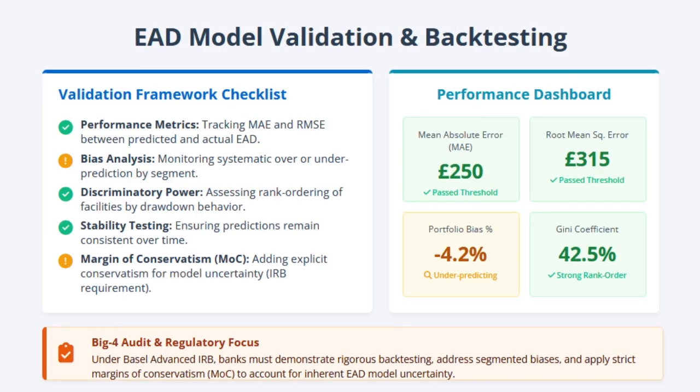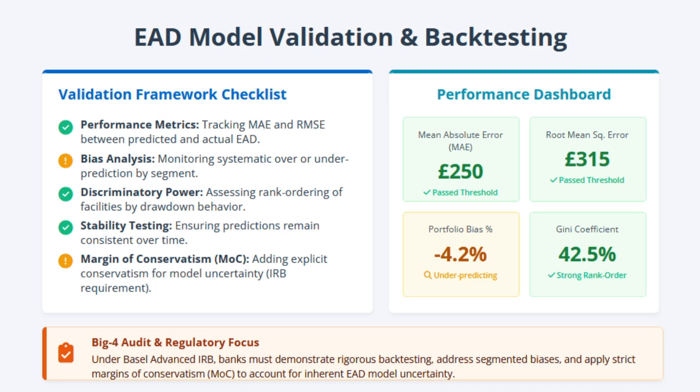Now from a model validation perspective, and this is crucial for Big Four audit and regulatory review, EAD models require rigorous backtesting. Like the performance metrics, here we track the mean absolute error, the MAE, and root mean squared error, popularly known as RMSE, between the predicted and the actual EAD for recent defaulters. Bias analysis.